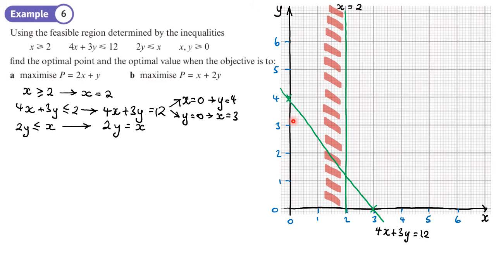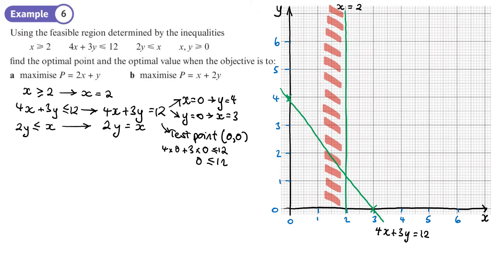So what I need to do now is decide which side of this line to shade. So I'm going to pick a test point. I will pick 0, 0 to see whether this is the side I want to shade or this side. So I'll just put here test point. You can just put TP. So if I put 0 and 0 into this, I will get 4 times 0 plus 3 times 0 is less than 12.